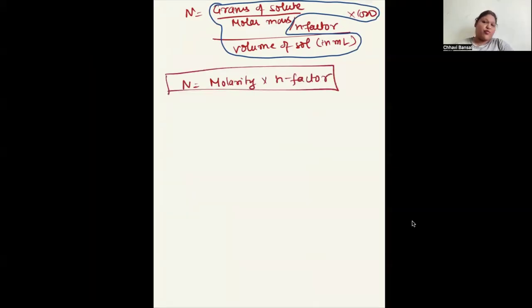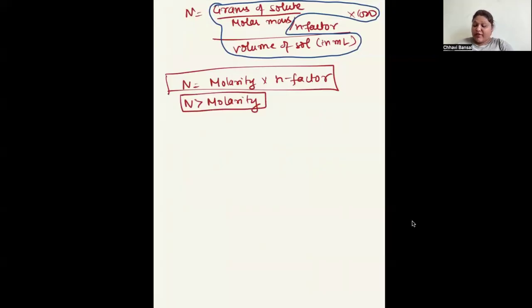This is a very important relationship: normality is equal to molarity into n factor. Generally normality is greater than molarity because n factor is either 1 or greater than 1. So this is one of the important relationships between normality and molarity.